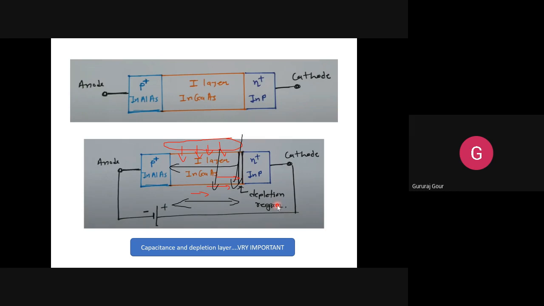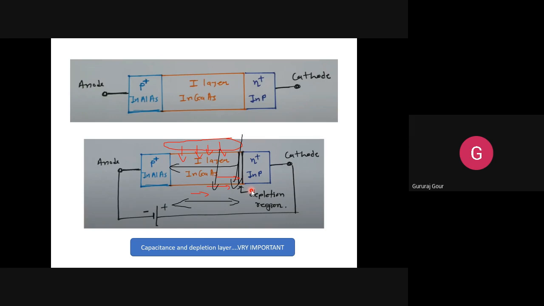Why a small number of photons? Because the depletion region is very small because of the forward bias condition. What we can conclude is that in the forward bias condition, the current contributed by the majority carriers is more as compared with the current contributed by the photons. This we can conclude in the forward bias condition.